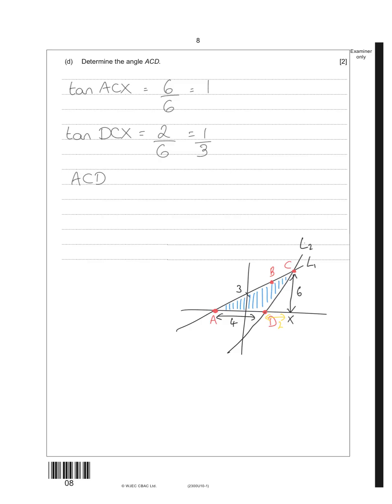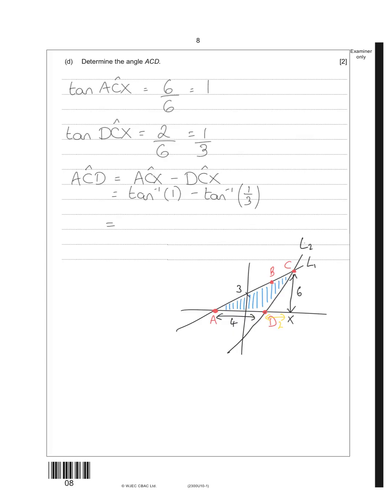Now, the angle ACD equals the difference between those two. So ACX minus, what did I say, DCX. So that means the angle that I want is the same as arctan of 1 minus arctan of 1/3.